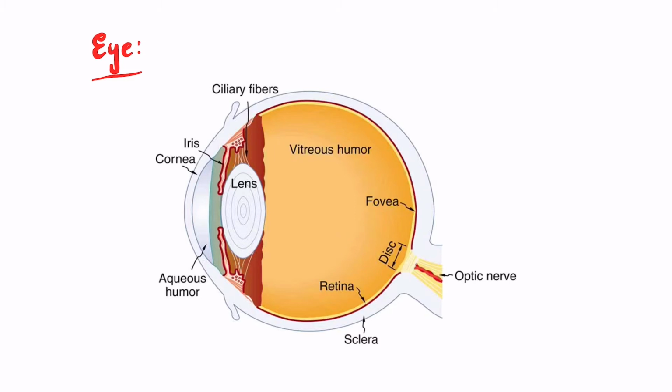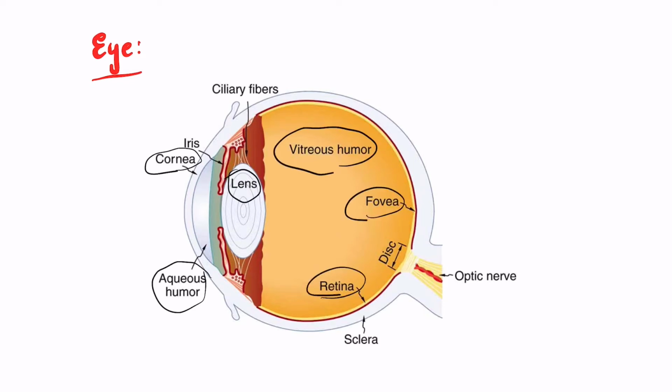The main parts that we require for understanding the optical nature of the eye are the cornea, the aqueous humor, the lens, the vitreous humor, fovea, and the retina. These are the main things that you require to understand how light enters your eye and how an image forms in your eye.